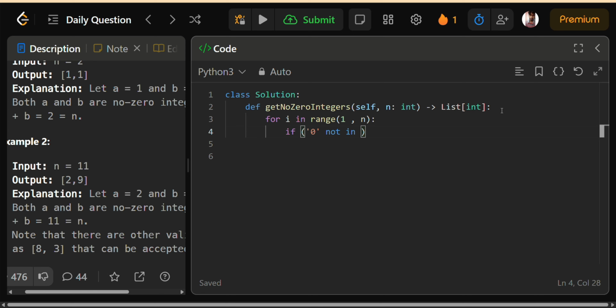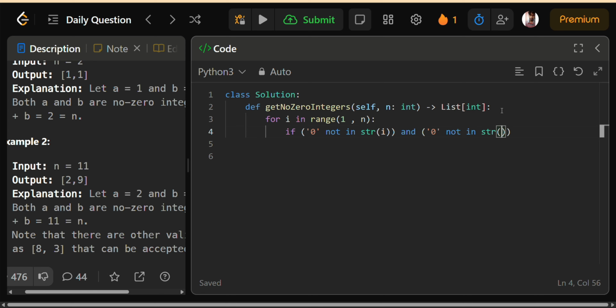This can be done easily by converting them to strings and checking if 0 appears. If both numbers pass this condition, we have found our valid answer and can return them immediately. This method works efficiently because we don't need to do anything fancy. The problem already guarantees at least one solution, so our simple search will always succeed.